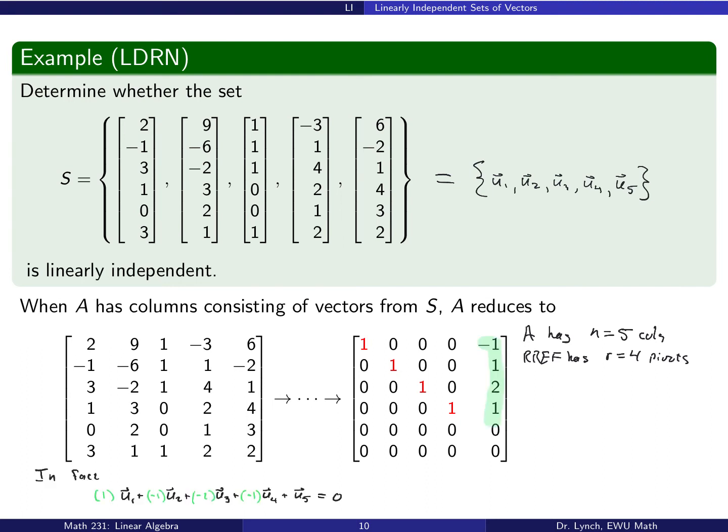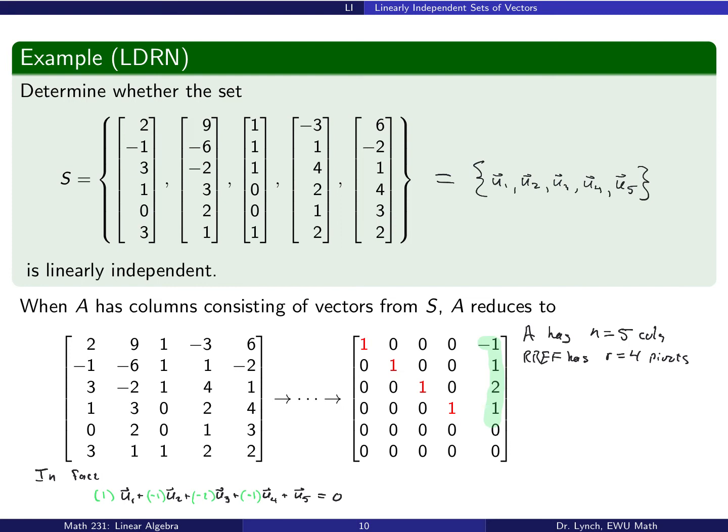So with that homogeneous linear system, we can see pretty quickly that 1 times u1 plus negative 1 times u2 plus negative 2 times u3 plus negative 1 times u4 plus u5 had better be 0.